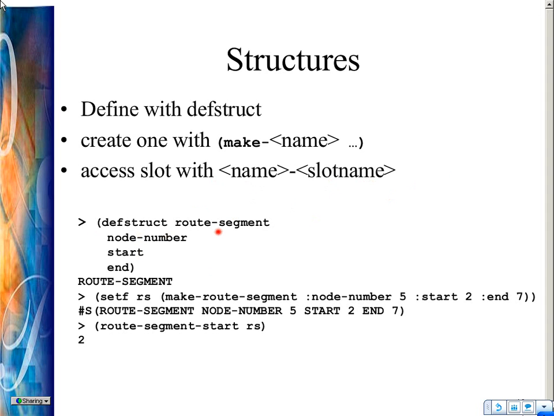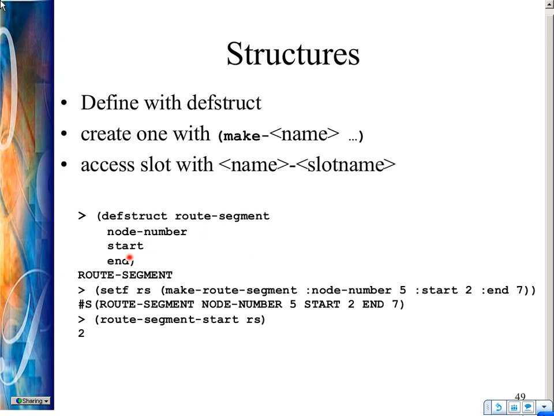So here we have defstruct. I'm sorry for the small type. Defstruct route segment, and it has the following slots, which are just simply listed: node number, start, and end. It returns the name of the structure. So here we create one. Make route segment.